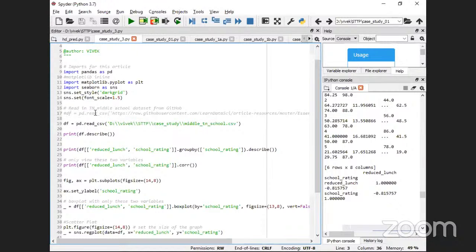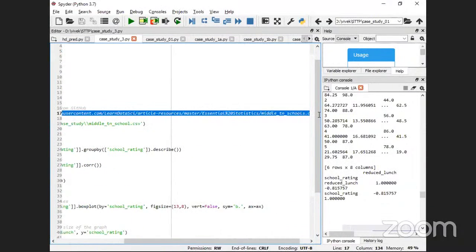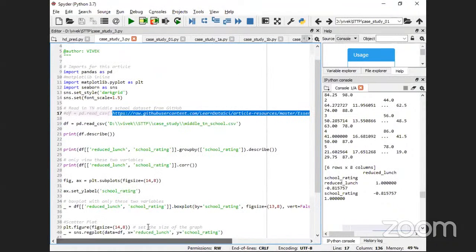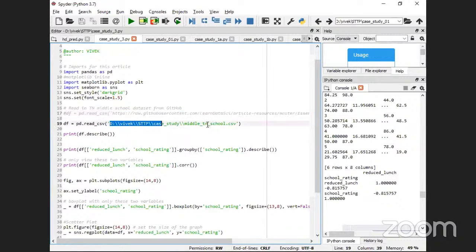The above instruction you can use to even read directly, but you should know the path where that data set is available. If you provide this path properly, then you can read your file maintained in the form of CSV, and you can use it for your analysis. But here I have read this through the path maintained on my local machine.